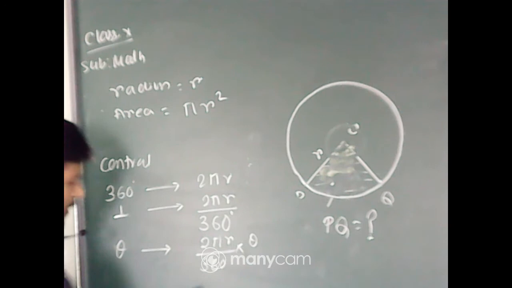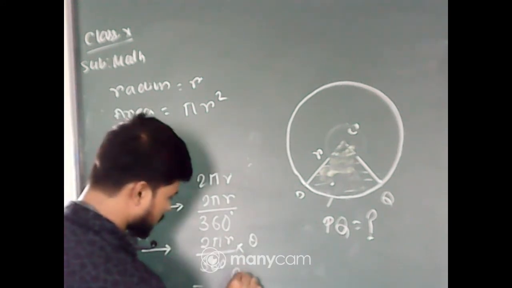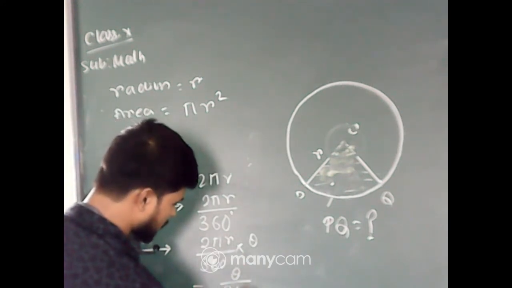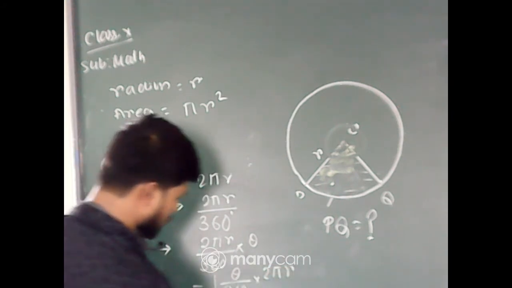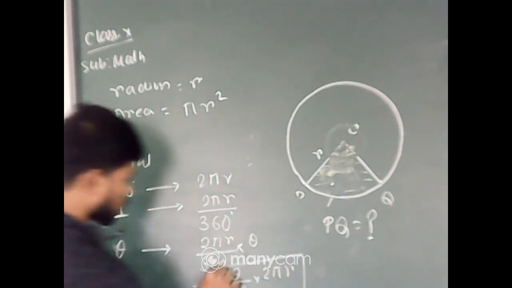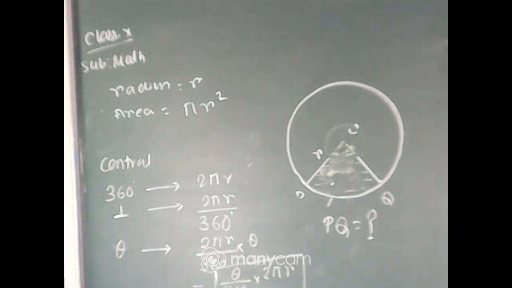So if I rewrite it, it will be theta by 360 degree into 2 pi r. So this is the formula for finding the length of the arc. Understood? These two formulas are the basic two formulas we have to use here to solve the problem.